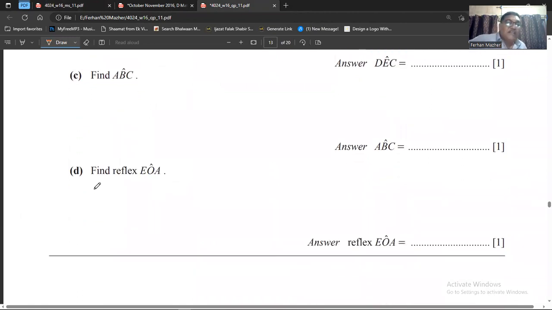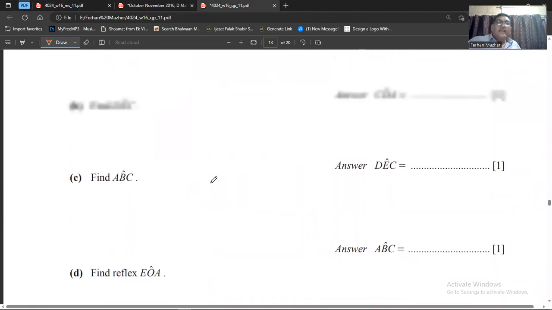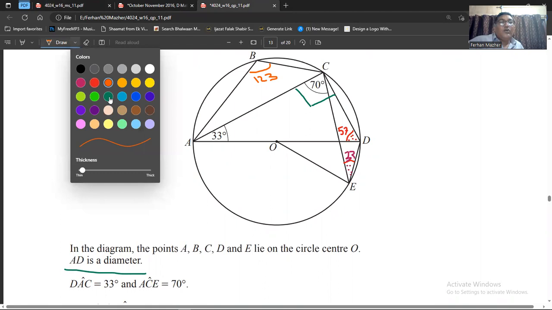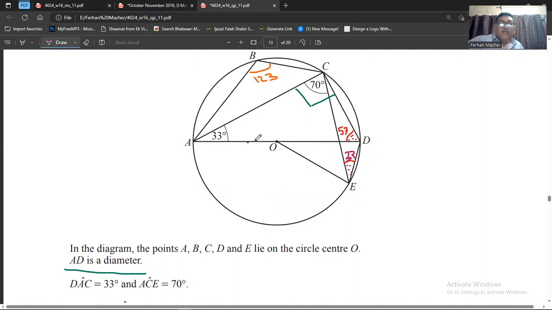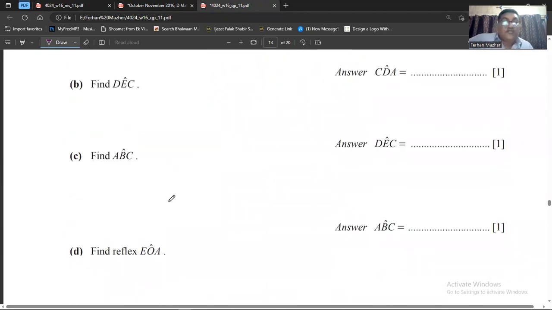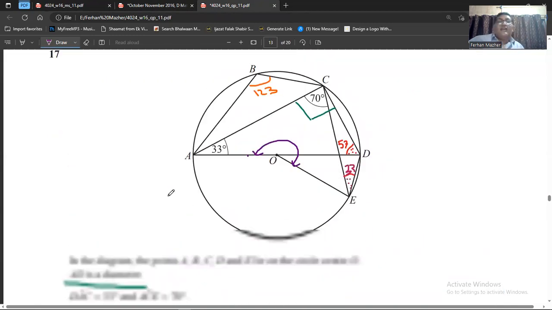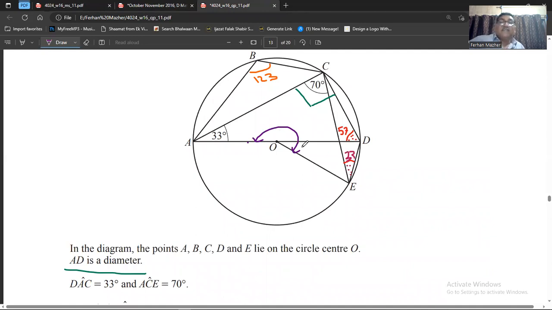Then the question is find the reflex EOA. They want me to find out the reflex angle EOA.